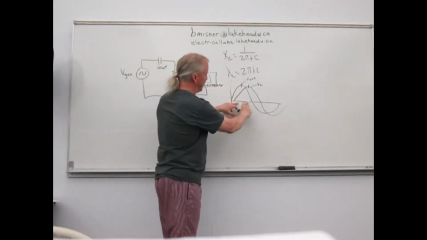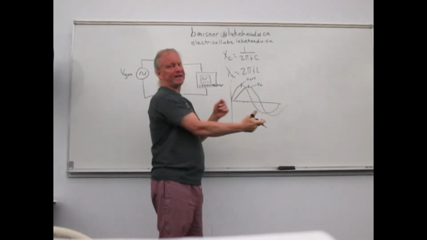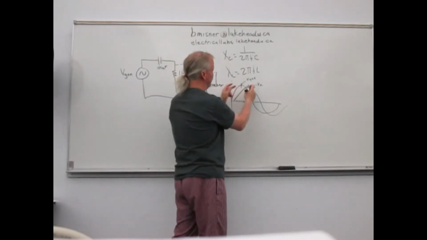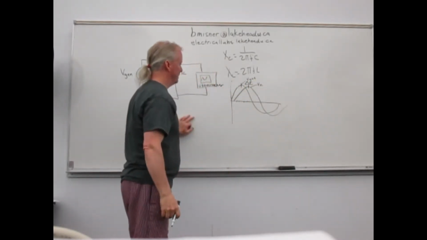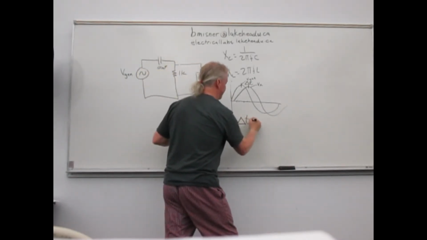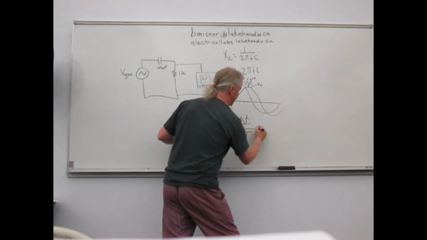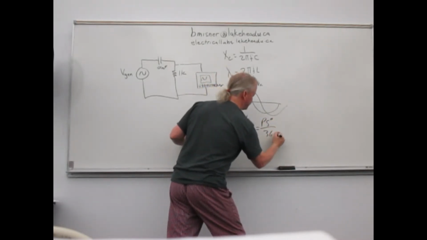So I would bring these down on the axis because this is a graduated axis here, and you can make a measurement of what this time is here. And I'm going to call this delta t. Okay? And I can say that delta t over the period is the same as the phase shift in degrees over 360.